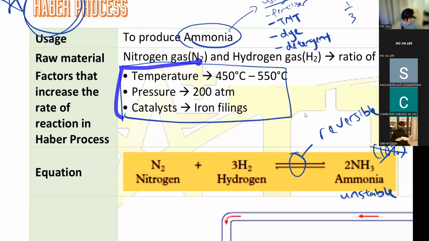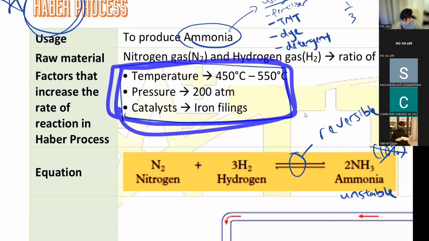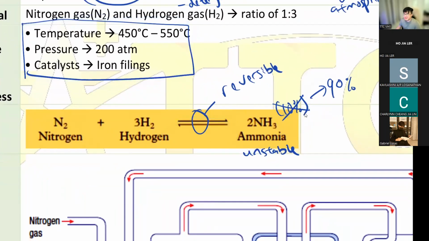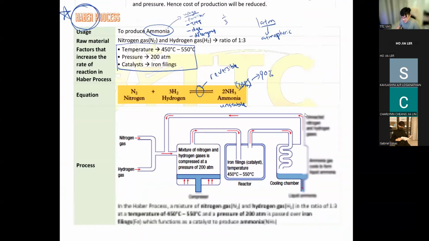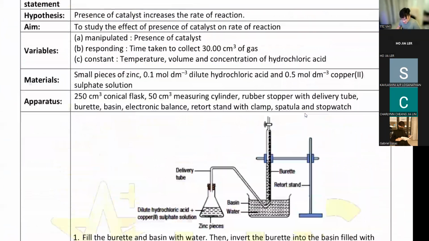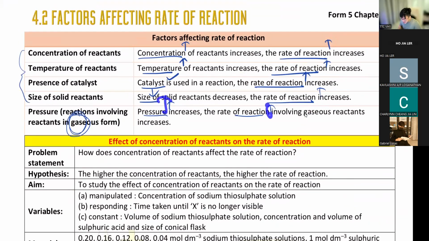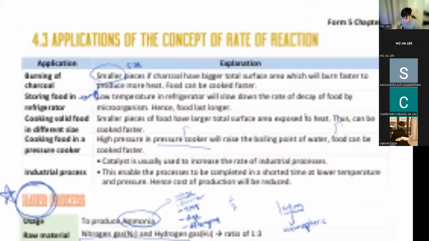So these 3 conditions will make sure I get like 90% of ammonia. How does the pressure work? When you have higher pressure, you press them together more, just like our ROR just now. Remember this? The higher the pressure, the higher the ROR. That's how it works.